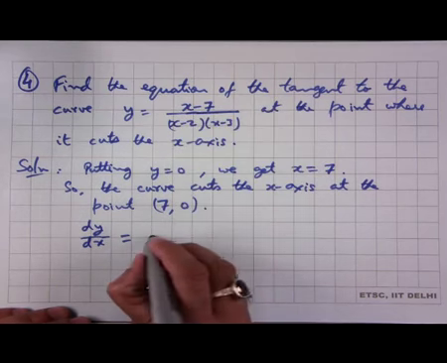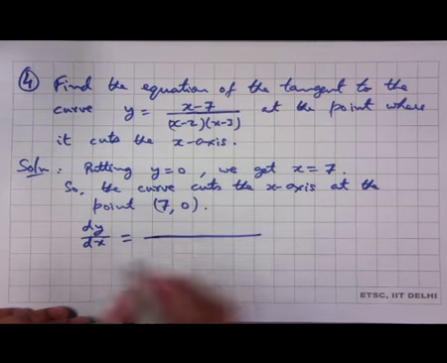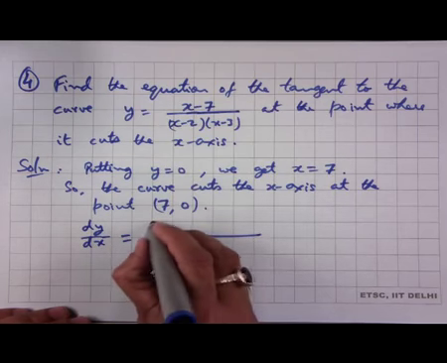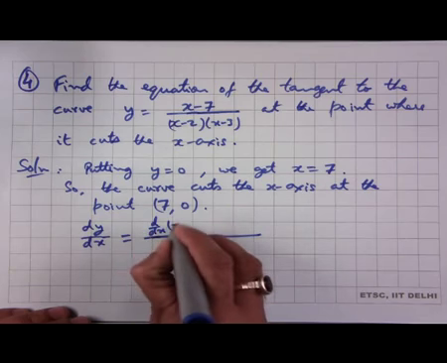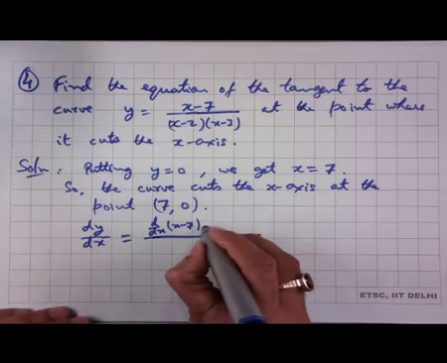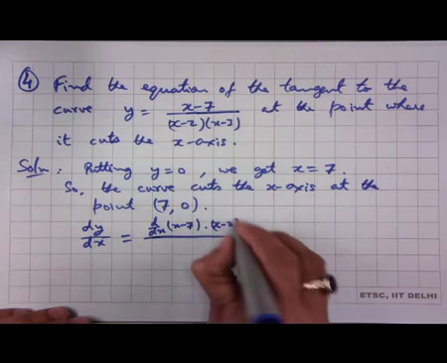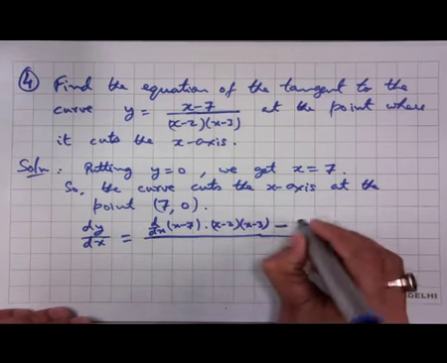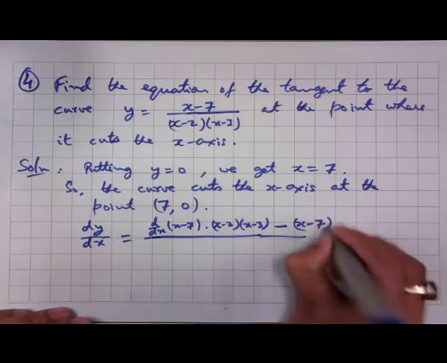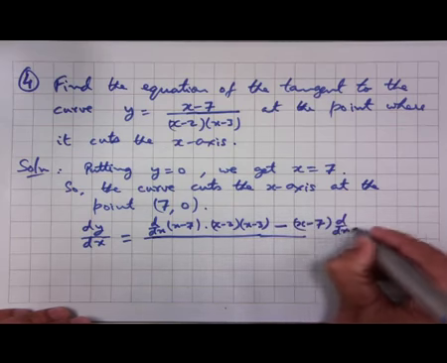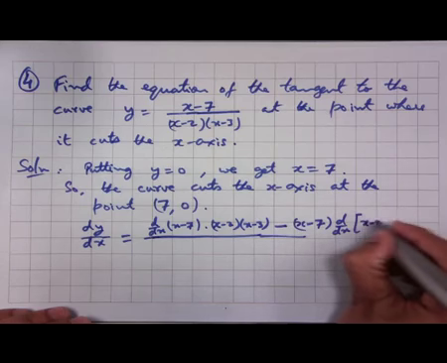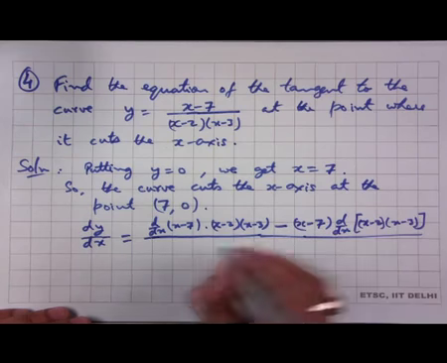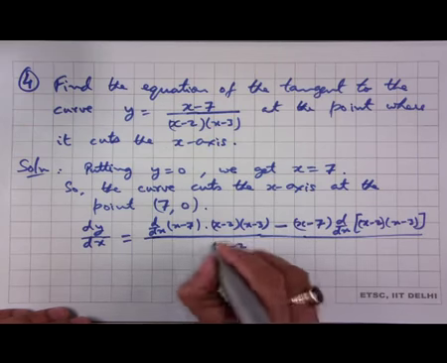So, we have the derivative of (x - 7) times the denominator (x - 2)(x - 3), minus (x - 7) times d/dx of (x - 2)(x - 3), divided by the denominator squared.